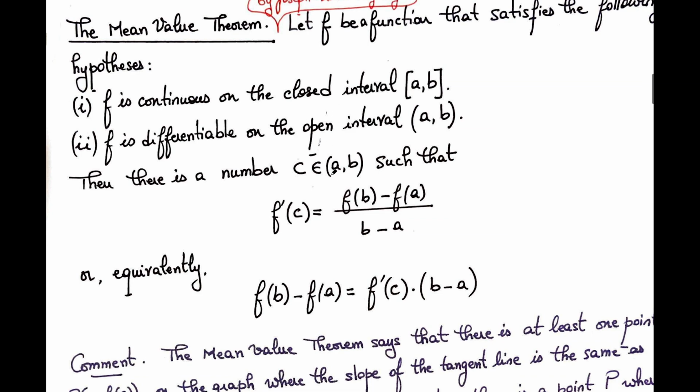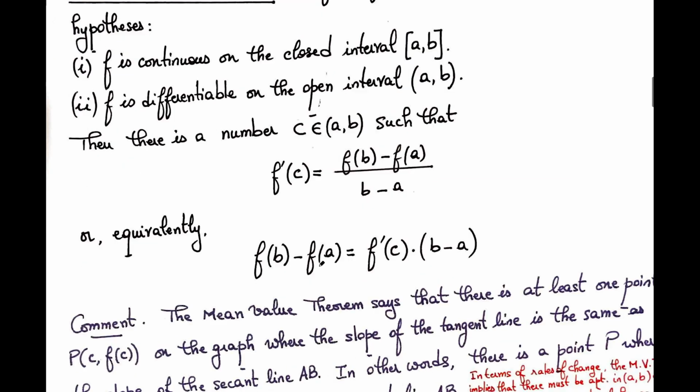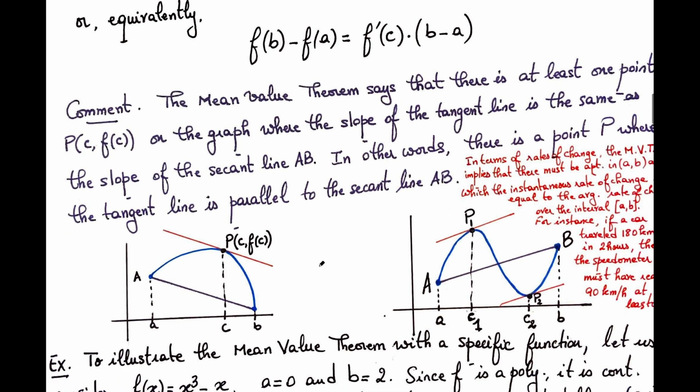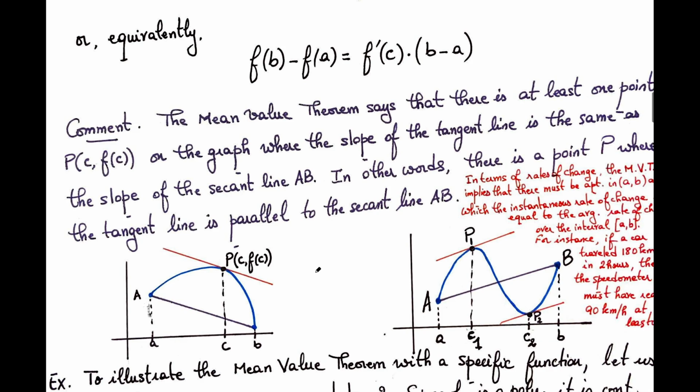So what this theorem is saying is that somewhere under these conditions, somewhere between a and b, the slope of the tangent line to the curve at that point c that exists is equal to the slope of the secant line joining the two points a, f of a and b, f of b, as you see here on the picture.